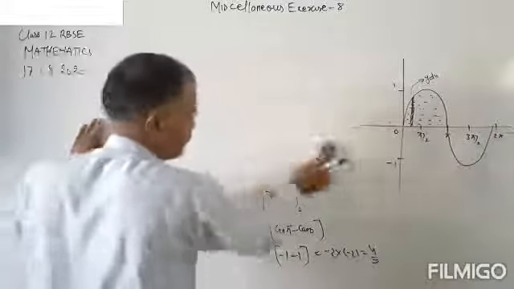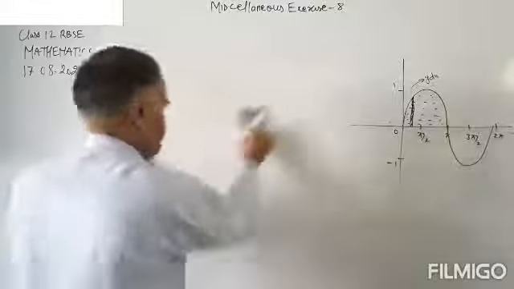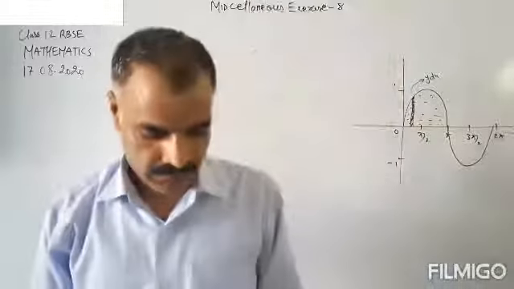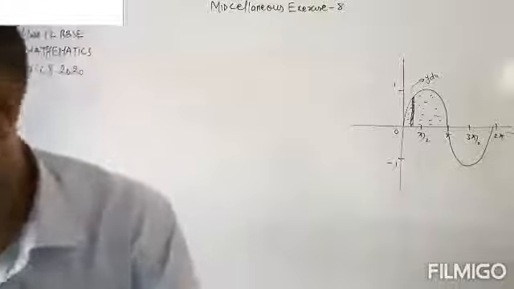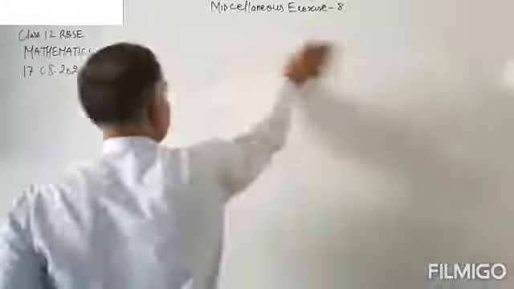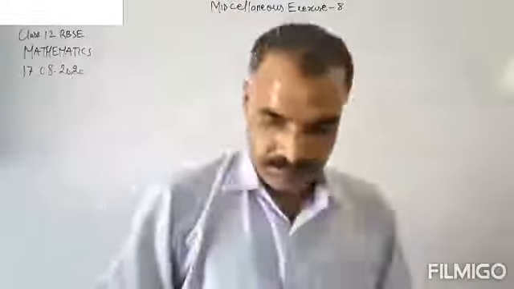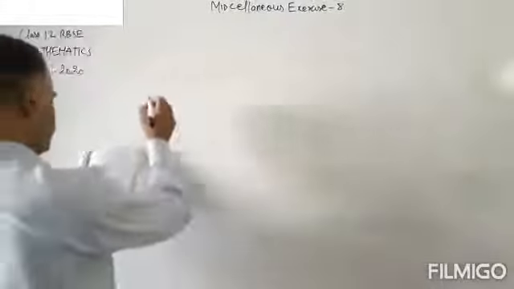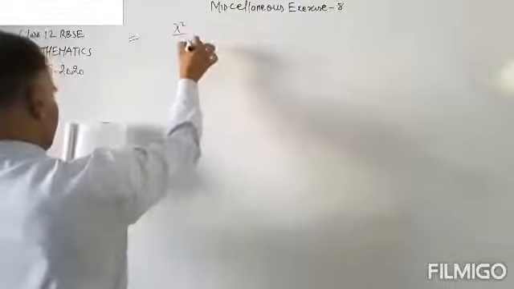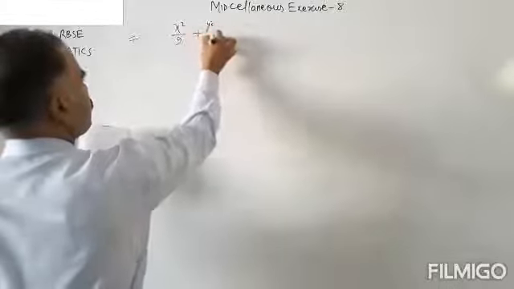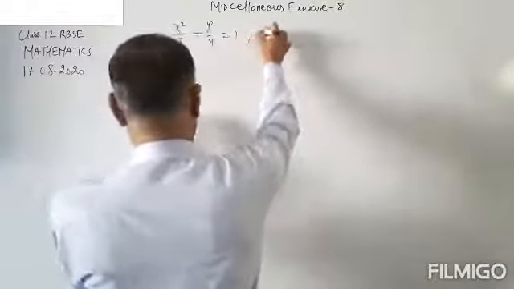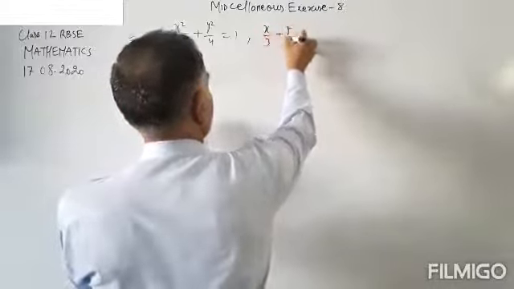Question number 8 is: find the area of the smaller region bounded by the ellipse x square upon 9 plus y square upon 4 is equal to 1, and the line x upon 3 plus y upon 2 is equal to 1.